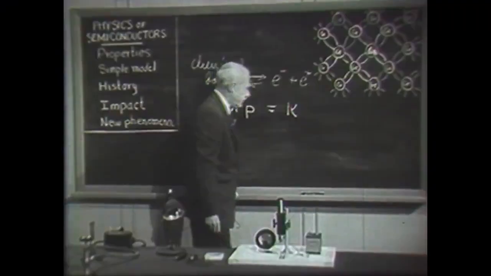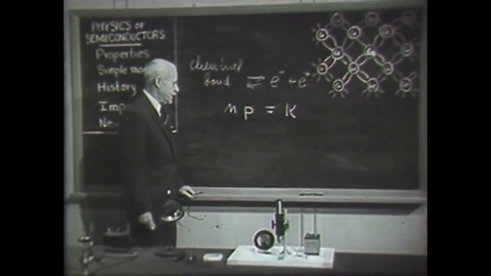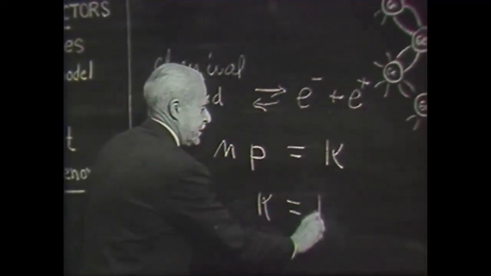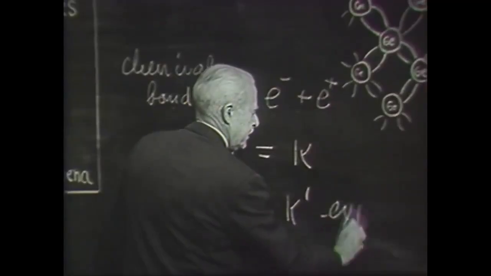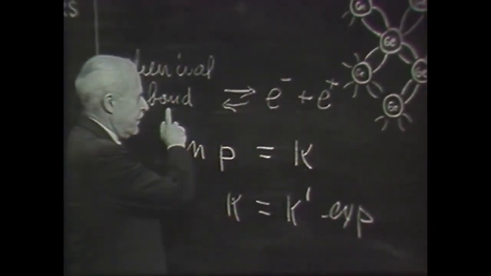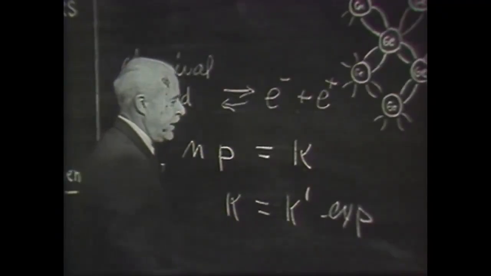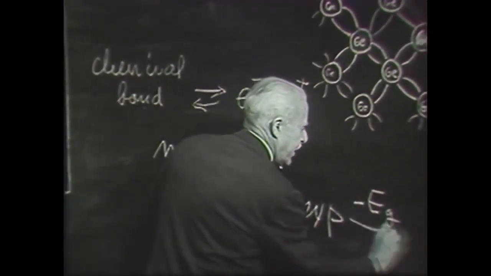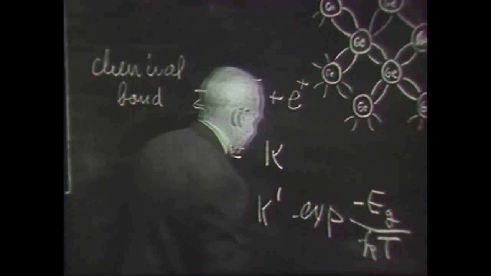As most chemists and physicists know, this constant has a very simple dependence upon temperature. K is equal to a different constant, K prime, times an exponential function of the negative of the energy necessary to dissociate this chemical bond, E_G, divided by Boltzmann's constant times the absolute temperature.